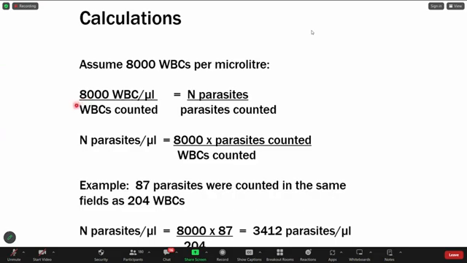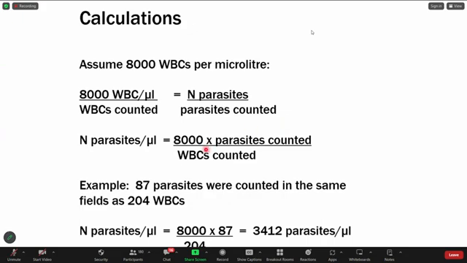Then the denominator here is the WBCs we have counted, say they are 200, 205, 500, like that. Then the parasites counted we put as the numerator on the right side. The parasites we want per microliter is the unknown, and the parasites we have counted is the denominator.